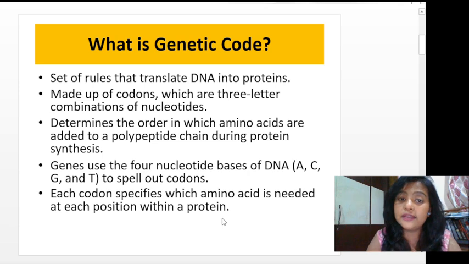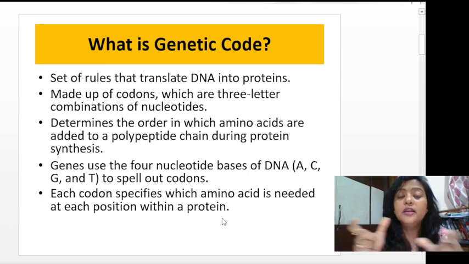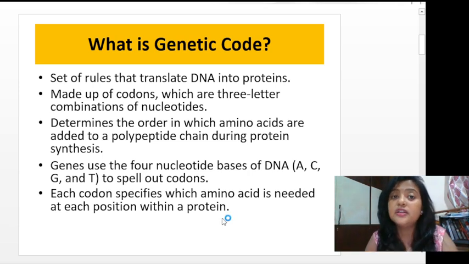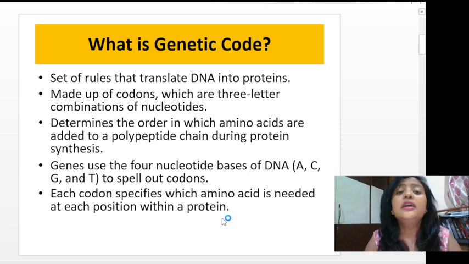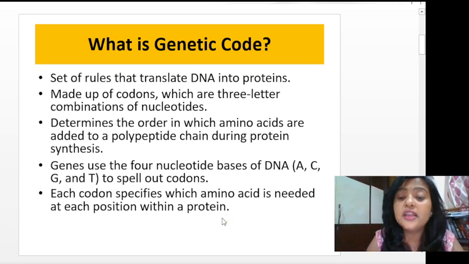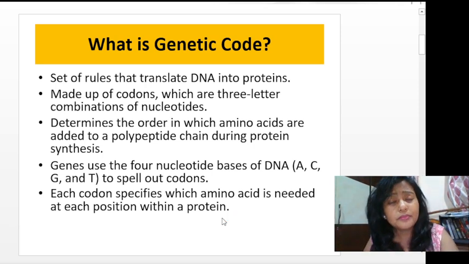In DNA we know A, C, T, G. These four nucleotides are arranged in a three-letter format, which is known as a codon. Each codon will specify which amino acid is needed at which position within a protein. This is specified by the codon.